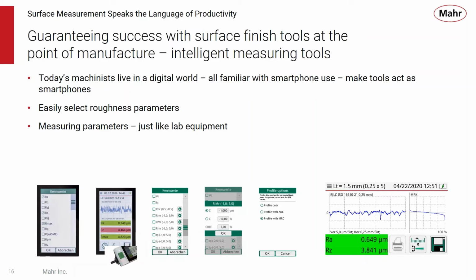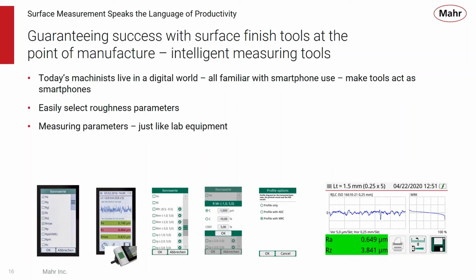So today's machinists live in that digital world. They're all familiar with smartphones. We try and make the tools act like smartphones. So by using swipes and buttons and different screen formats, rotating the screen, for example, it's very easy to set up and use these instruments.